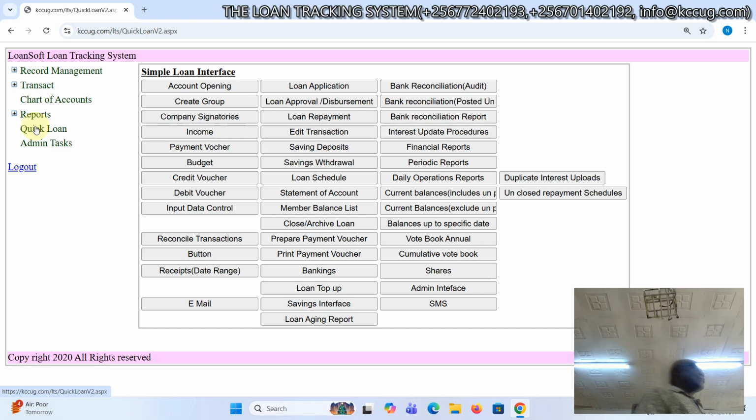Now we want to show you how you are going to withdraw money from the bank and bring it to your cash account.